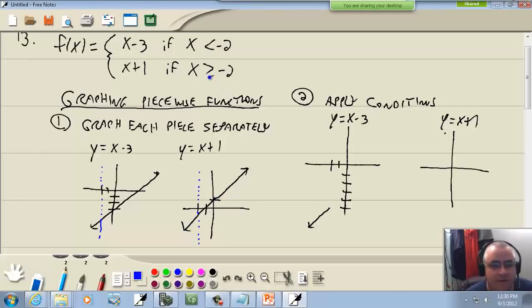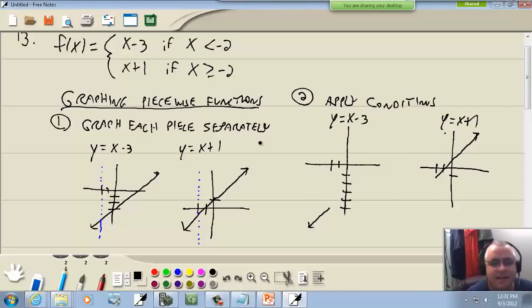Well, this is where it's greater than, so I'm going to keep the right side. And we'll keep that piece right there.